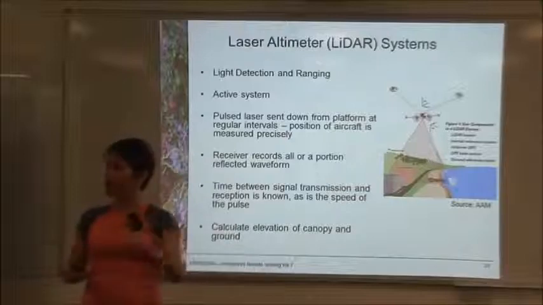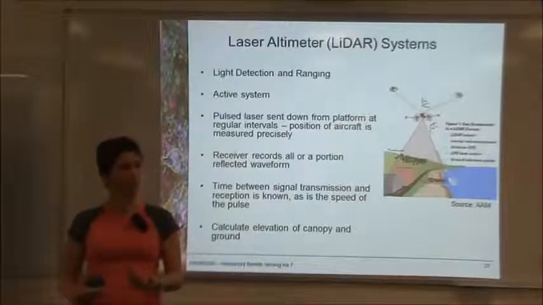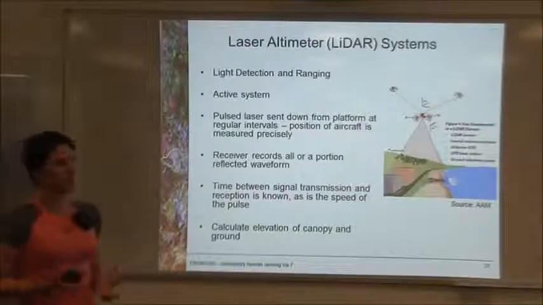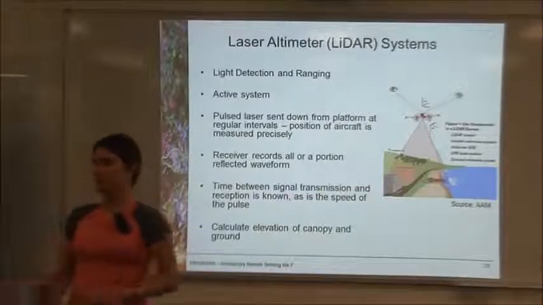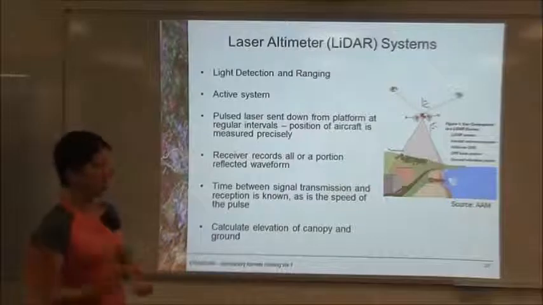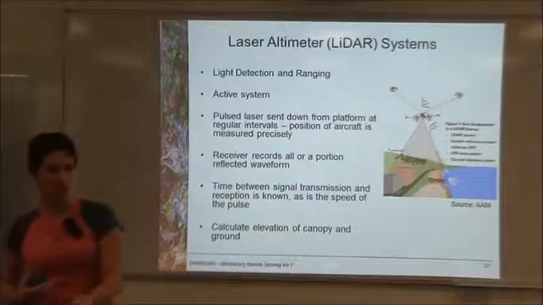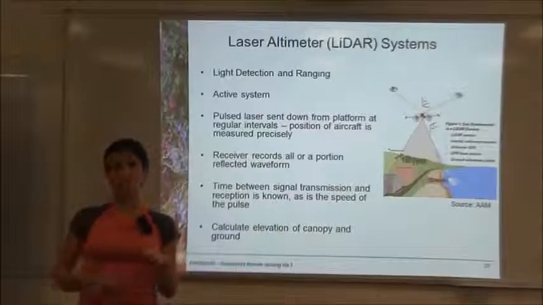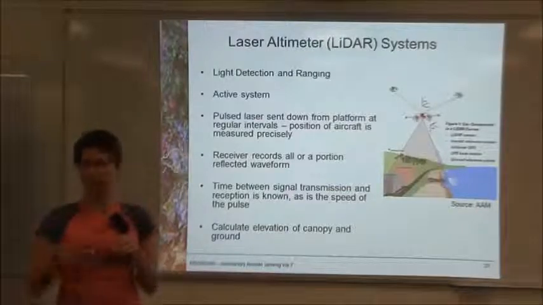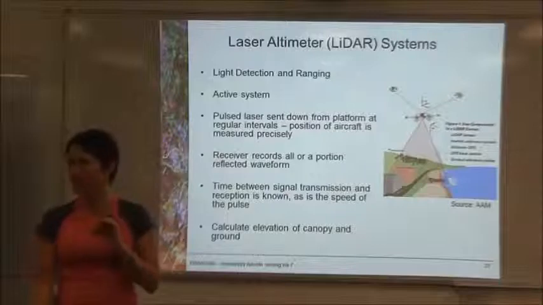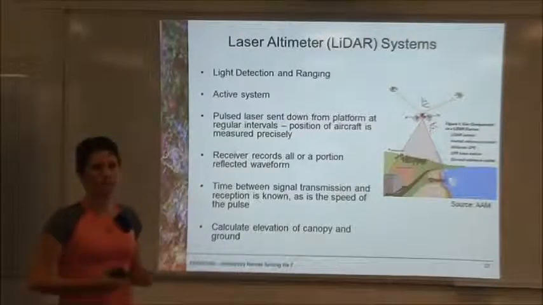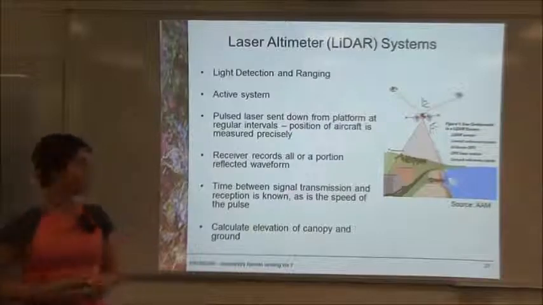As you know, the green goes through water more than a near infrared will. But essentially it's doing the same sort of thing as the radar, in that because it's measuring the amount of time that it takes for that pulse to go down and come back, it can then estimate the elevation of the point of the land where the beam hit. It travels at the speed of light, and then it can work out that distance.